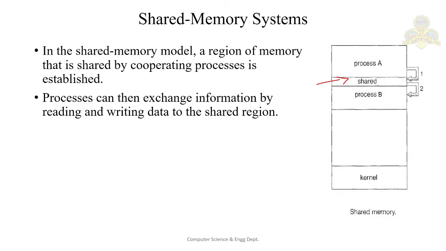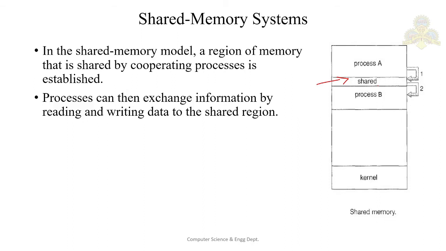Normally the operating system tries to prevent one user from accessing another person's memory, right? Shared memory requires that two or more processes agree to remove this restriction. That means the processes can exchange information by reading and writing data in the shared areas. The form of the data and the location are determined by these processes and are not under the control of the operating system.